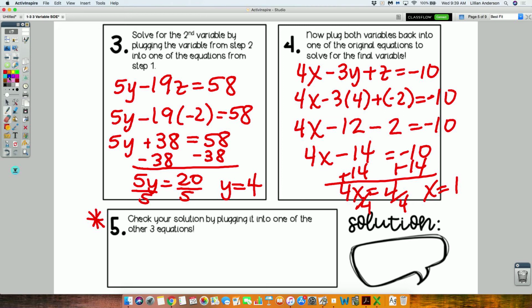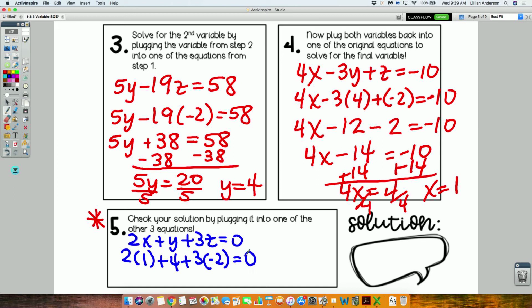Which one do you want to use? B? So B is 2x plus y plus 3z equals 0. We got 1 for x, 4 for y, and a negative 2 for z. We're just checking because we did all that work. We definitely want to make sure that we got it right.